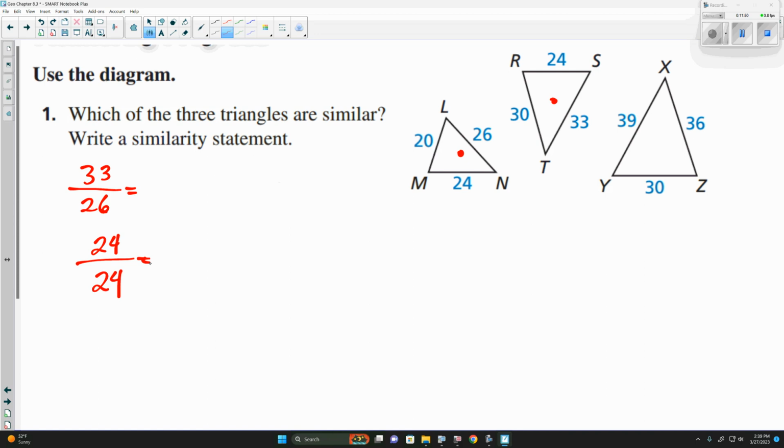And the last one, if we set it up, would be, well, actually, no, this is a little off. Yes. Because the middle side for this is 30, and then the last one would be 24 over 20. Doesn't mean it still won't be no, but we can just go on and check it.